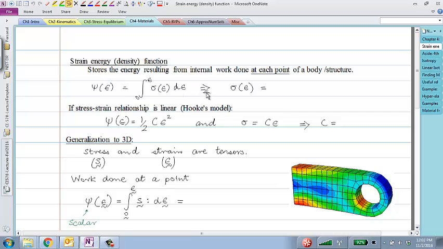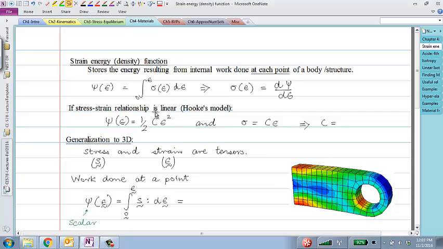A direct consequence of that, if you take the derivative with respect to epsilon, is d phi d epsilon. If you're given the strain energy density function, then take the derivative of that function with respect to epsilon, and that would be the instantaneous stress at that level of strain.